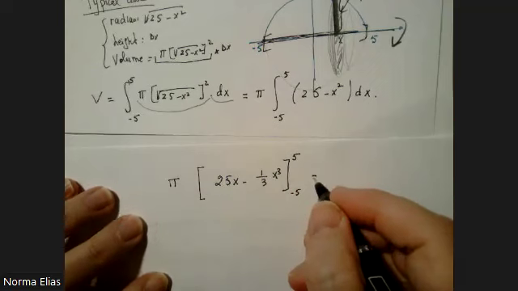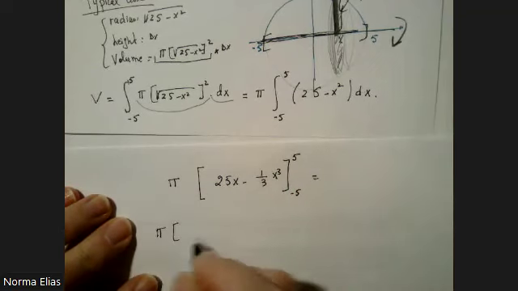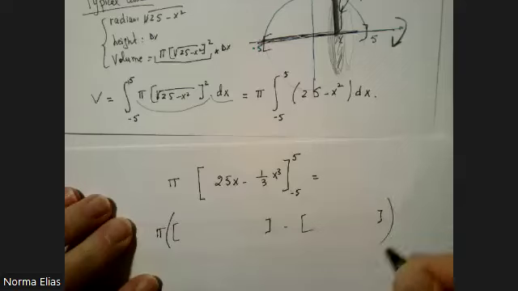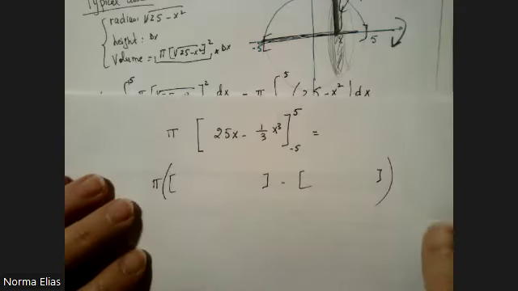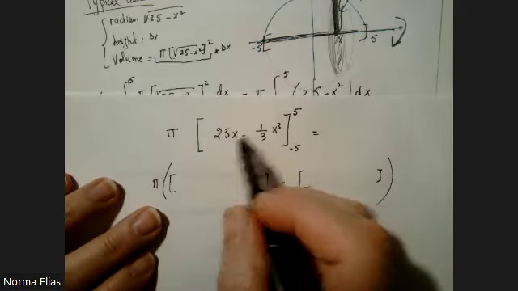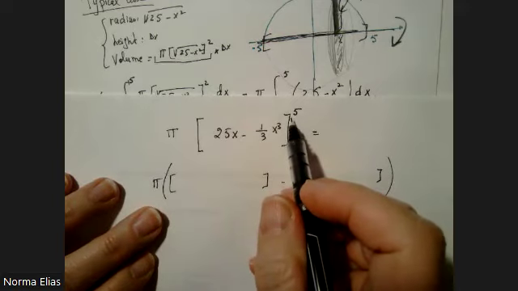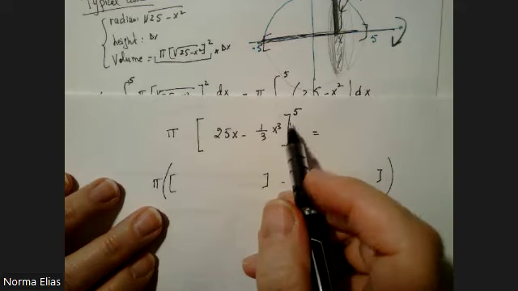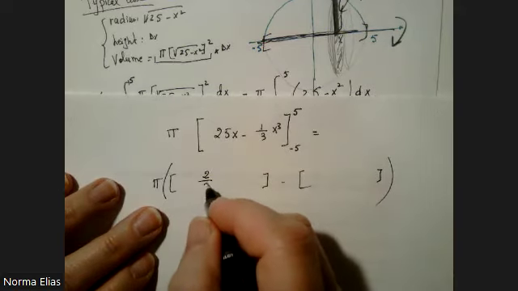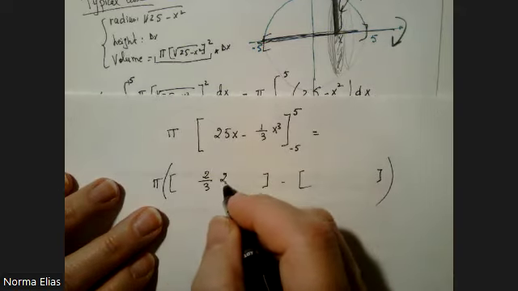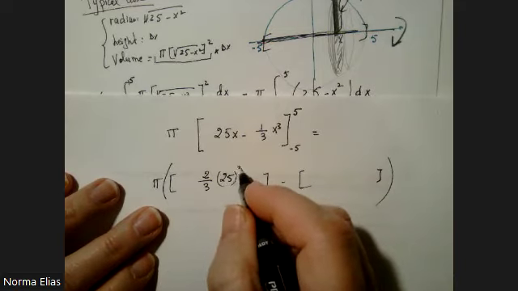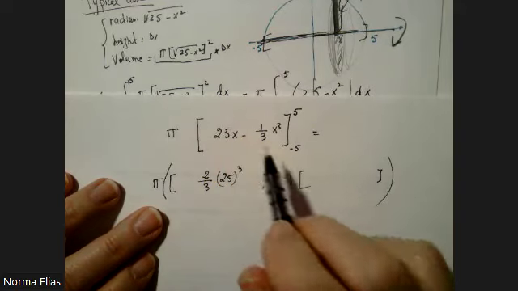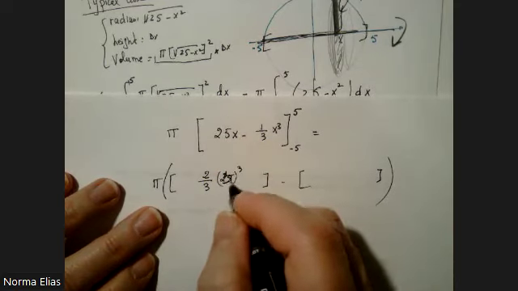So finally, I will get pi times the upper minus the lower. Okay. Now, the upper, I will have 25 times 5, which is going to give me 25 to the power 3, minus 1/3, 25 to the power 3. Sorry, I have 5 to the power 3.